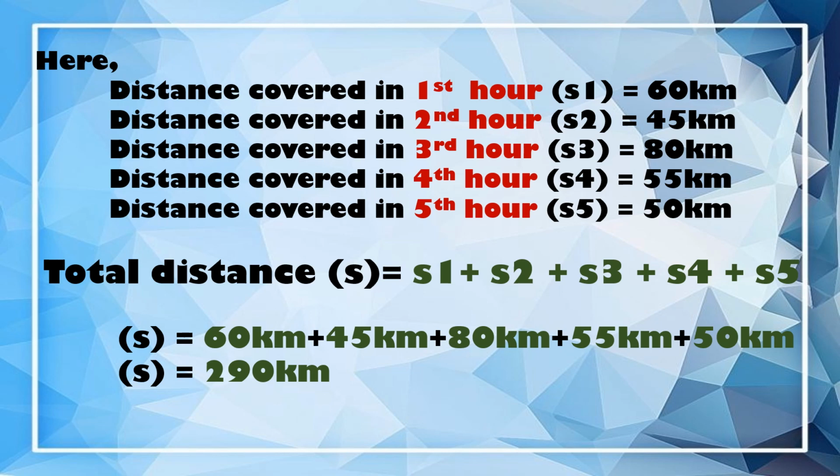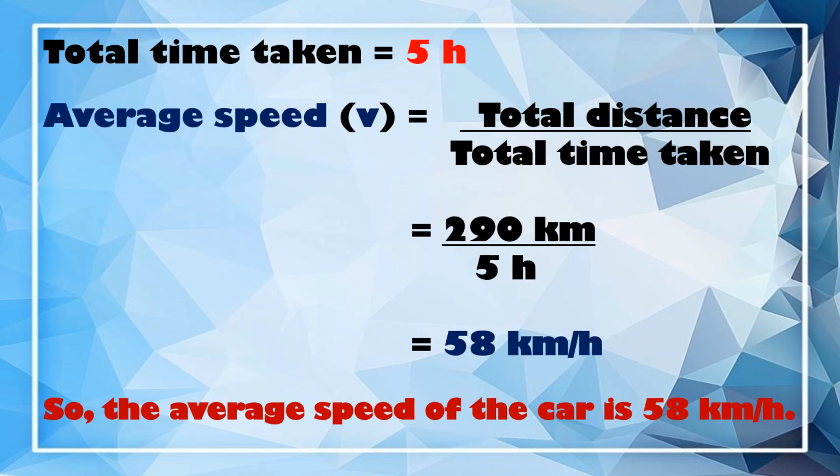Distance covered in fourth hour S4 is equal to 55 kilometers and distance covered in fifth hour S5 is equal to 50 kilometers. So the total distance will be the sum of all these individual distances. The total distance will be equal to 290 kilometers. Total time taken as mentioned in the question is 5 hours.